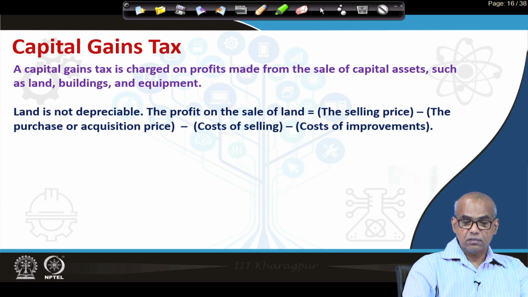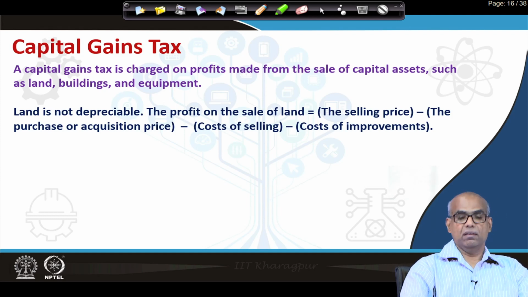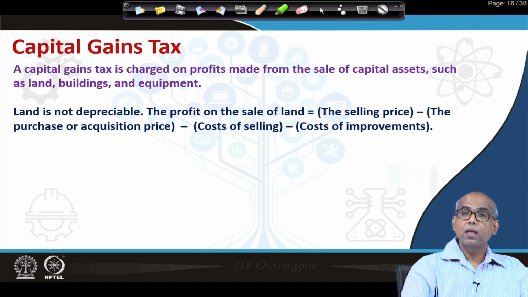The profit on the sale of land will be equal to the selling price minus the purchase or acquisition price of the land, minus cost of selling, minus cost of improvements of the land. So, the profit on the sale of land is selling price minus purchase price minus cost of selling minus cost of improvement of the land.